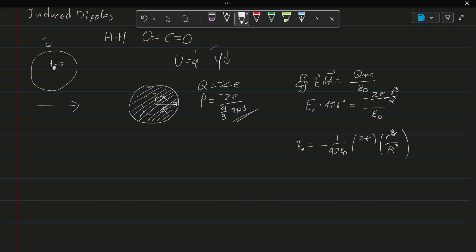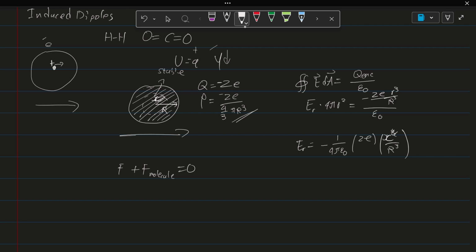Something to notice here is that if we denote this r here to be the stable distance, let's call that x. So x would be stable. That means that the force from the outside added with the force from the molecule must be 0 for it to be stable, right?